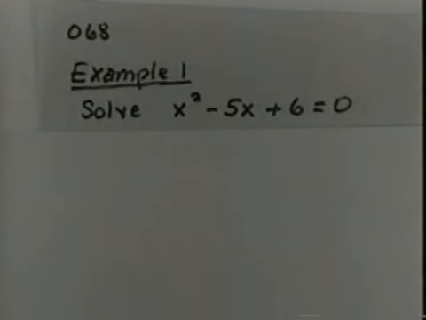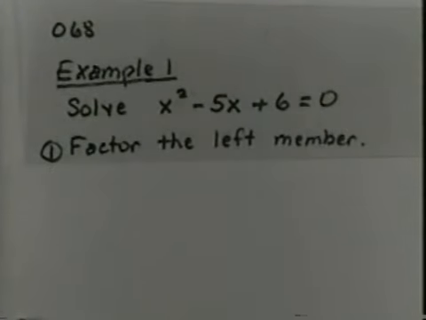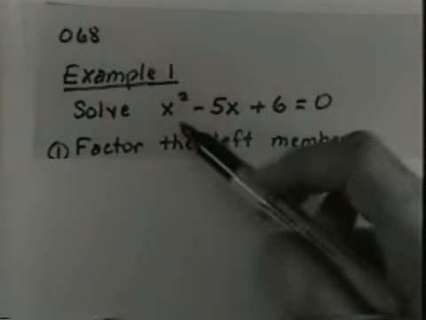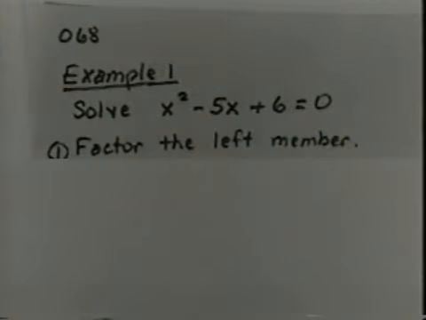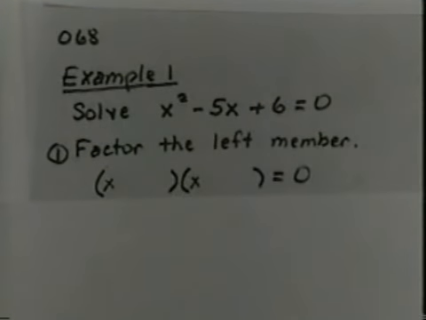To begin with, we need to factor the left member, and this factorization is going to be relatively easy since the first term is x squared. That means when we write our factors, we'll have x and x in the first positions.